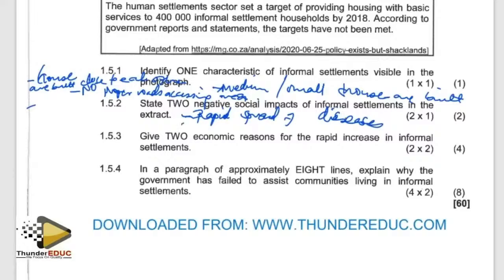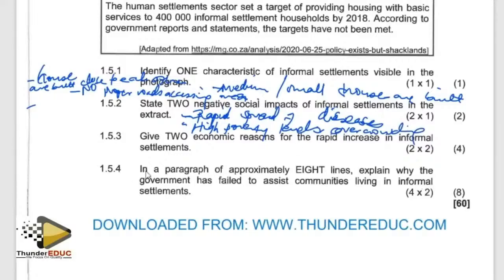Okay, that is a negative social impact. Then you also have high poverty levels. That is also social. You can talk about overcrowding. That is also social, but they need two anyway.